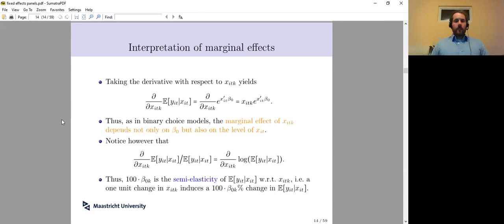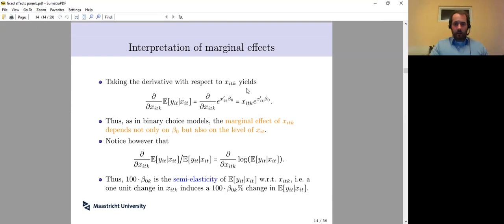Now, what do we do with the results of this Poisson model? Normally we are interested in the marginal effects. The coefficients don't give us necessarily a direct interpretation, so we look at the marginal effects. If we take the derivative with respect to the kth component of x, that's pretty simple here. We take the derivative of the exponential, and this particular component comes to the front.